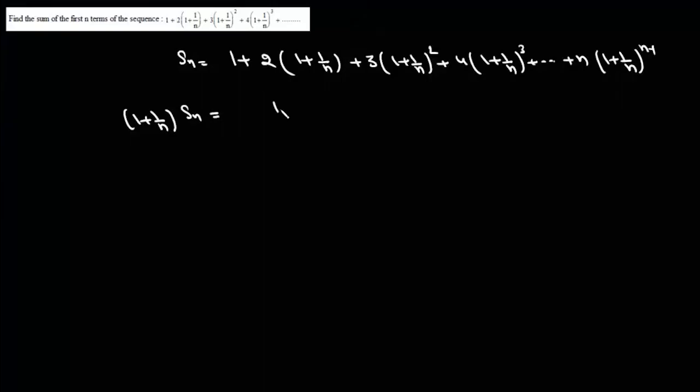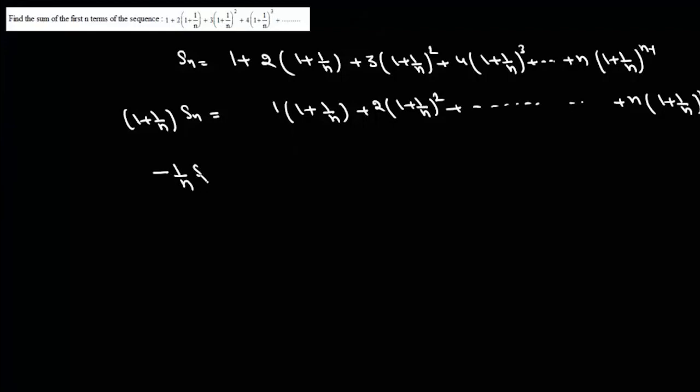So here it will be 1 into 1 plus 1 by n, 2 into (1 plus 1 by n) square, and then in the end we'll have n into (1 plus 1 by n) whole to the power n. Now what we'll do is we'll subtract this second series from the first, so we'll get minus 1 by n Sn, and here it will be 1 plus (1 plus 1 by n), this is (1 plus 1 by n) whole square.